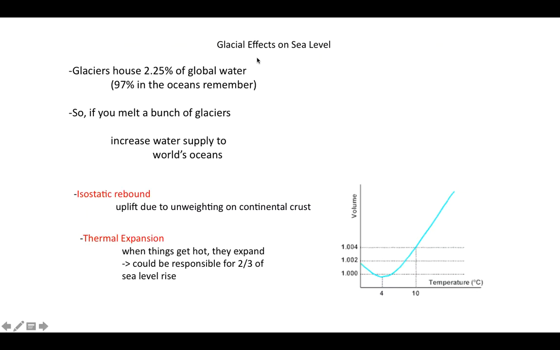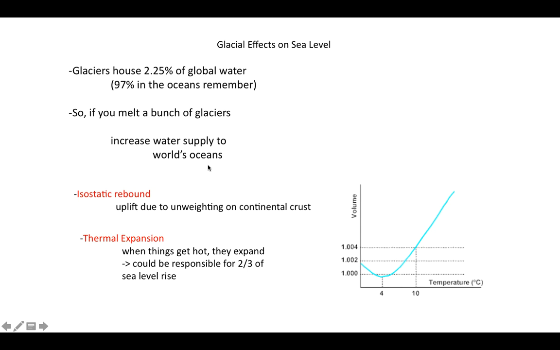So glacial effects on sea level: besides the fact that we are going to lose a lot of our fresh water, where our fresh water is stored, if you melt a bunch of glaciers, it's going to increase the water supply to the world's oceans. So not the fresh water supply, but the water supply to the world's oceans.